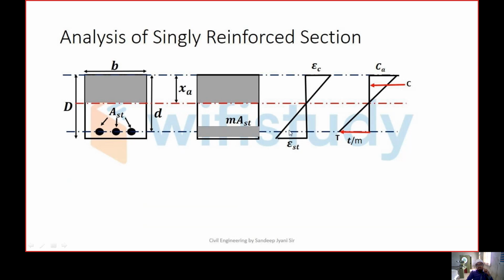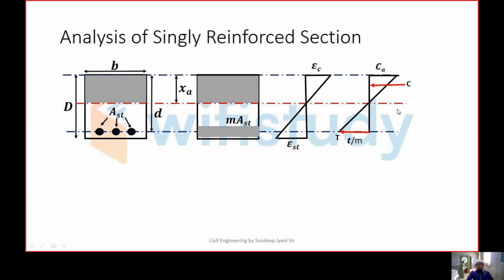Here likewise the strain diagram will come. In the strain diagram, at the neutral axis, both compression and tension will be 0. That means no strain and no stress exists at the neutral axis. In the topmost fiber of the concrete, compressive strain will be maximum, and in the bottommost fiber of the concrete, tensile strain will be maximum.